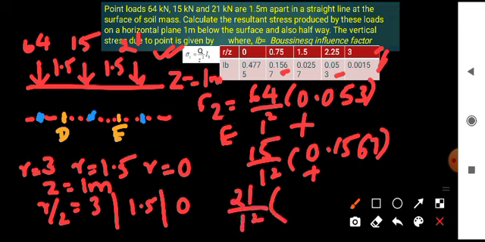For E, it is again at a distance of 0.75, so this is 0.1567.